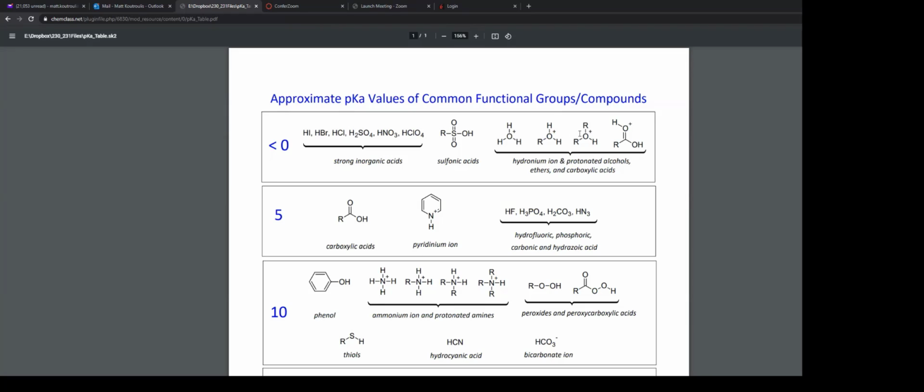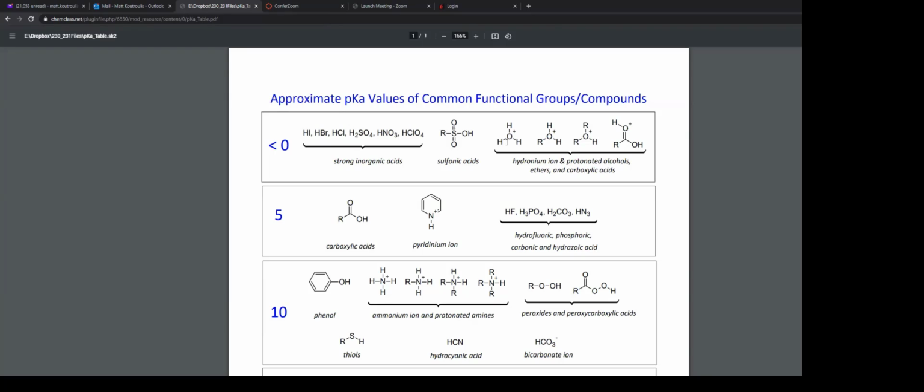Hydronium, or anything that looks like hydronium, is around 0 or less. Okay? Anything that looks like hydronium means O with a positive charge. You see, that's what these all have in common. O with a positive charge. Any hydrogens on an oxygen with a positive charge, the pKa will be 0 or less.